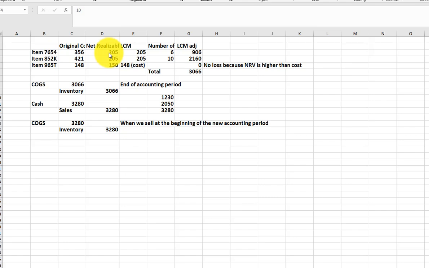That's going to cost us $35. So we're going to get out of it $205 each for all of these items. So that becomes our net realizable value for these.